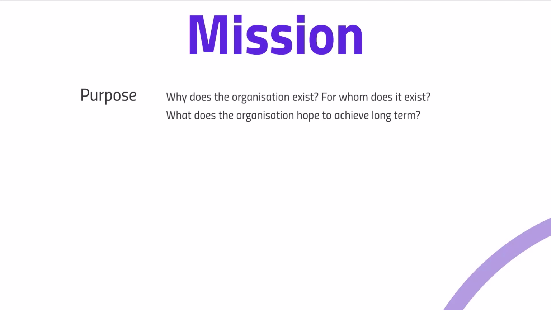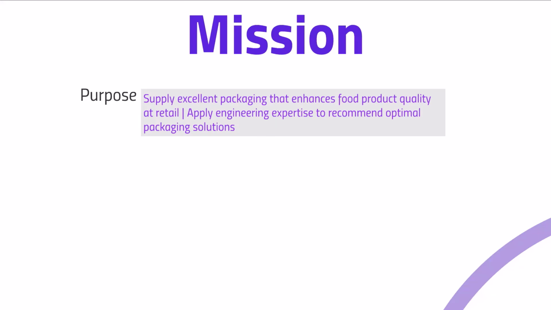And we divide mission into several sections, and the first of those is the purpose. Here we've really got two distinct value propositions side by side. For packaging clients, Cartn's purpose is to enhance the perceived quality of their food products at retail. So that's a quality and brand argument, not a cost argument.